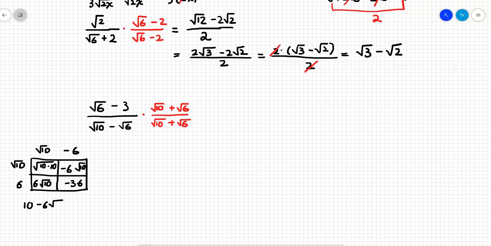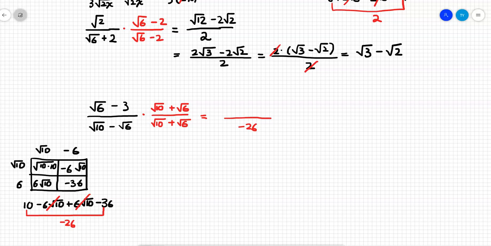Minus 6 square root of 10 plus 6 square root of 10, and then minus 36. As you can see, the middle term drops off. That's why we multiply by the conjugate, so we can drop the middle term. If you simplify 10 minus 36, we get negative 26. So the bottom is nothing but minus 26.